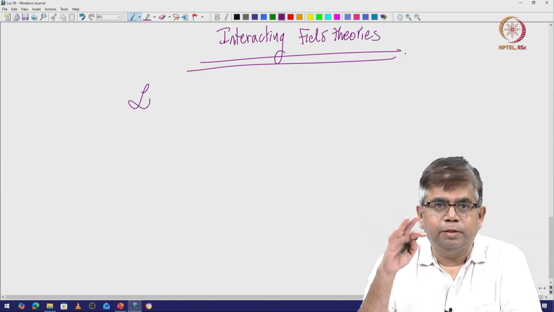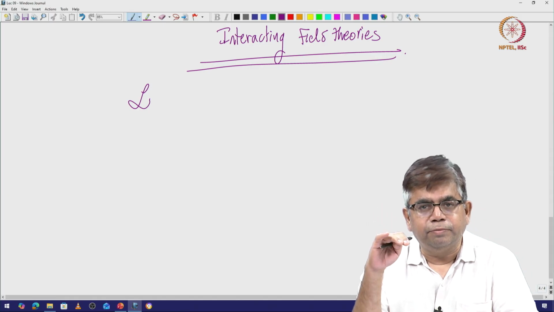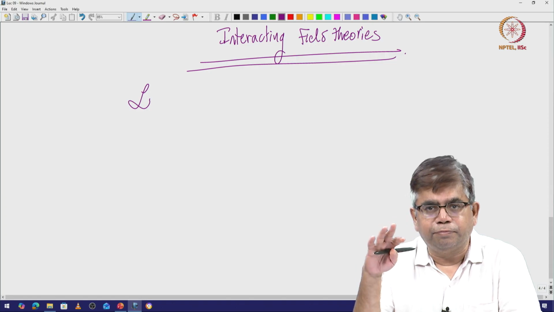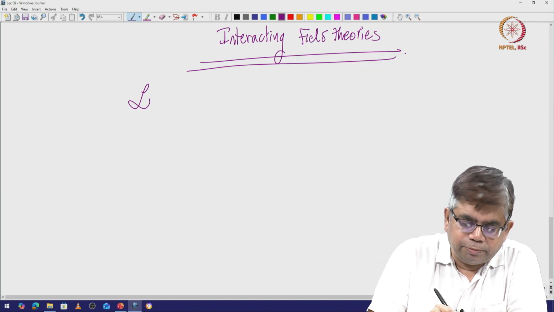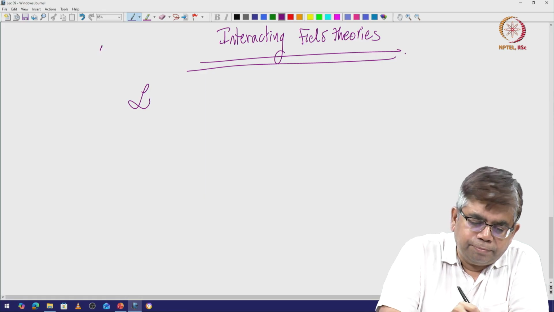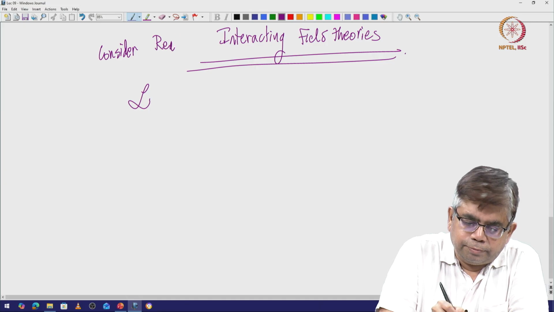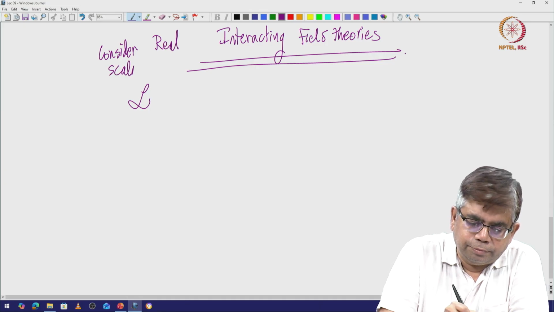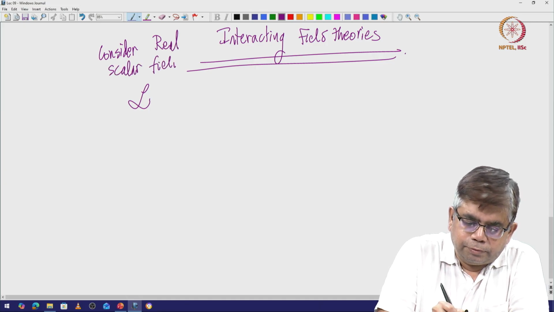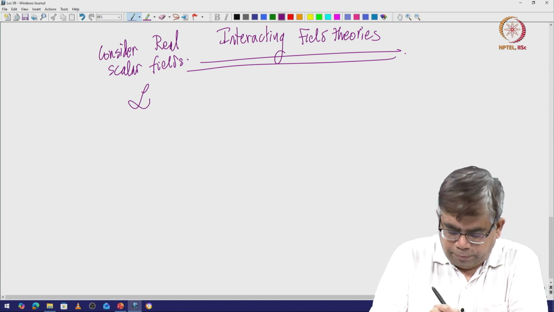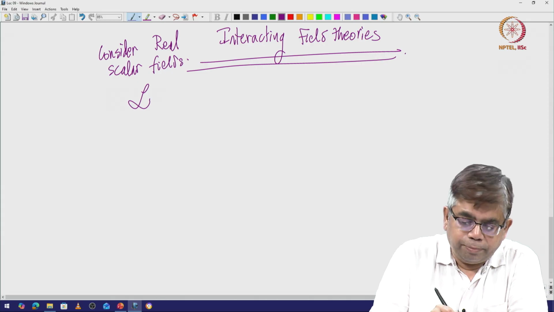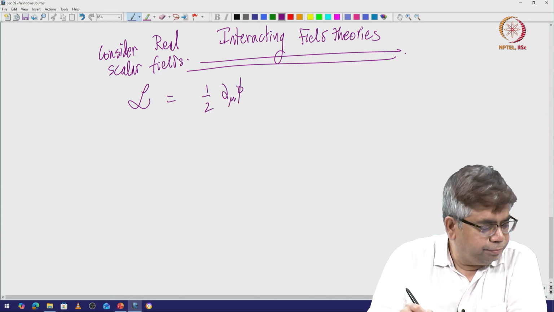But right now we'll only look at the simplest possible interaction with only 1 or 2 degrees of freedom, like scalar fields only, like the two examples we have seen. So consider real scalar fields. What interactions can you write down? Let's write down the real scalar field.